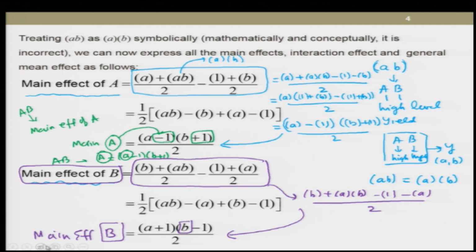So for this effect which is present, I add minus 1, and for the factor A which is absent in the main effect of B, I use plus 1. This is how I can write down the main effect of A and B.